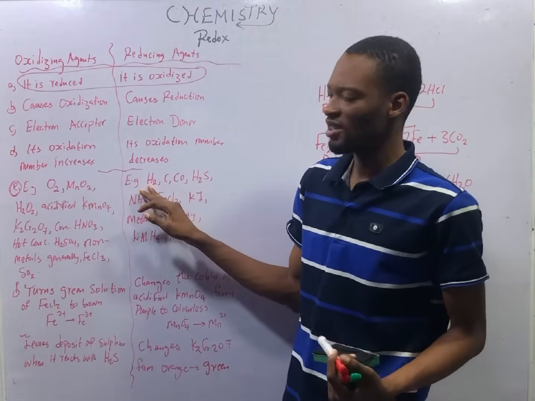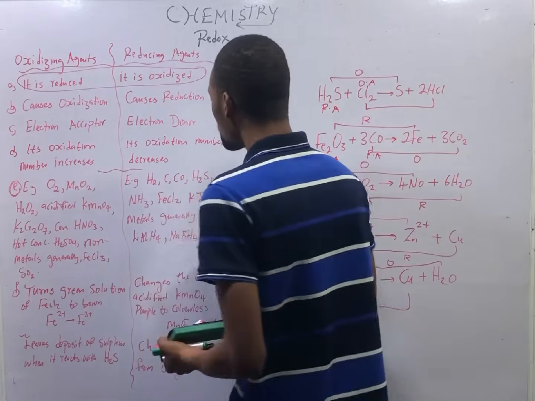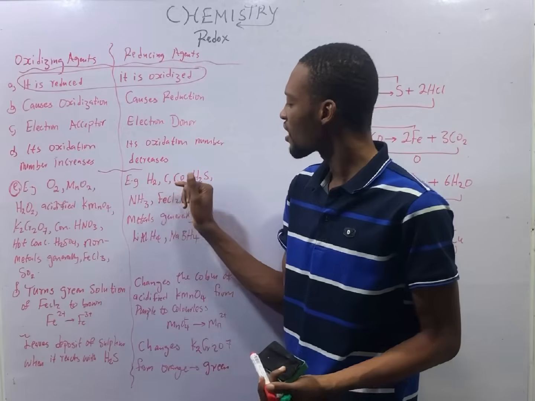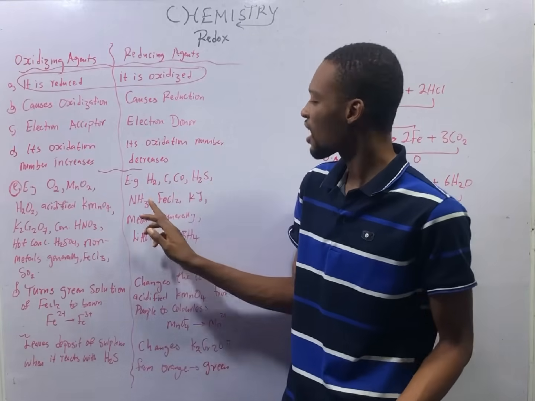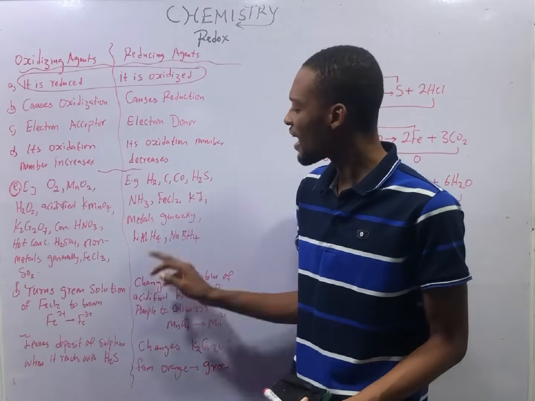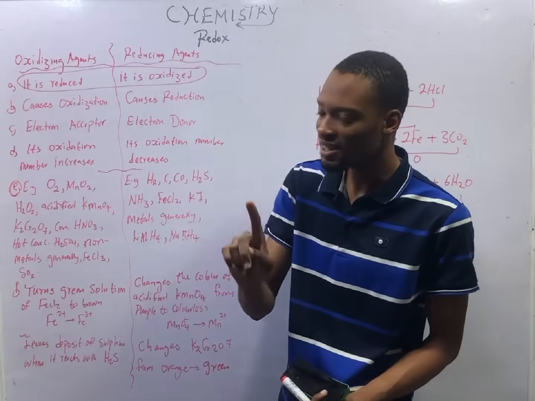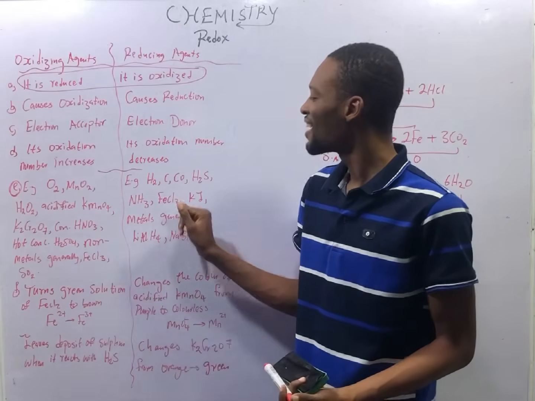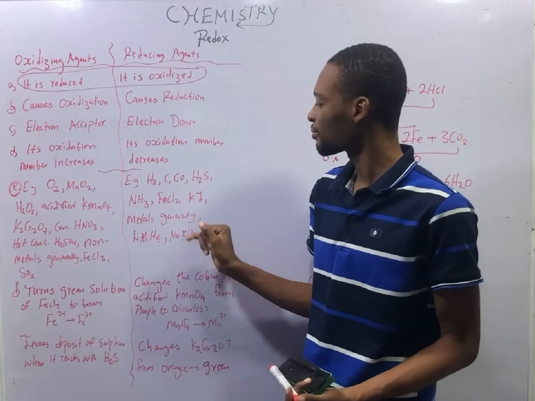Here, hydrogen is a reducing agent. As you can even see here, it is a reducing agent. Carbon is a reducing agent. Carbon monoxide is a reducing agent. Hydrogen sulfide is a reducing agent. Ammonia is a reducing agent. Iron(II) chloride is a reducing agent. Iron(III) chloride is an oxidizing agent because it will be reduced. Iron(II) chloride is a reducing agent because it will be oxidized to iron(III) chloride.